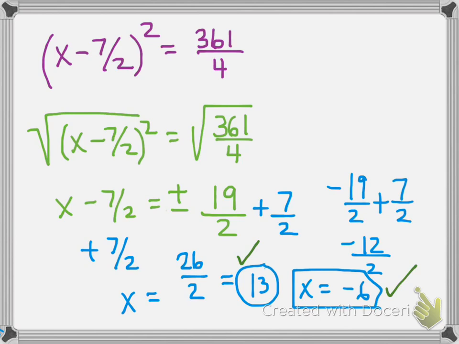So this is one way to write the answer, even though I don't think it has a lot of meaning. I think you should really finish this problem off and get both answers. 19/2 plus 7/2 gives you 26 over 2, which is 13. And negative 19 plus 7 gives you negative 12 over 2, which is negative 6.